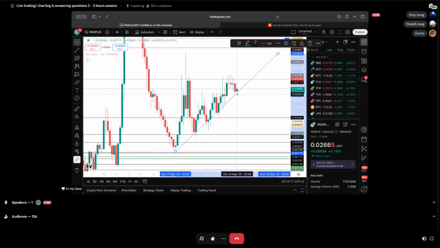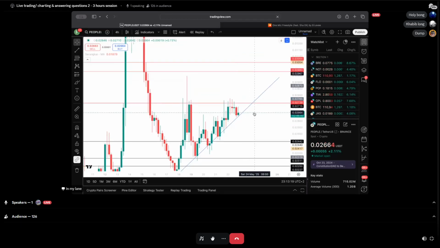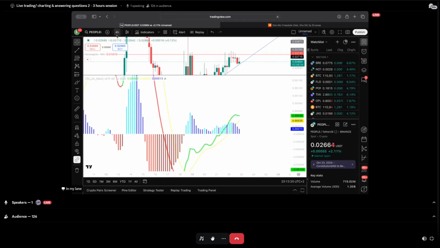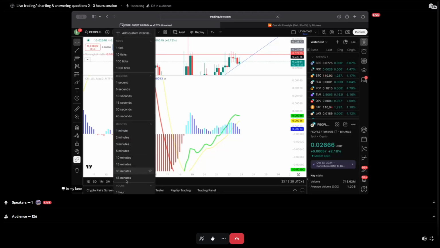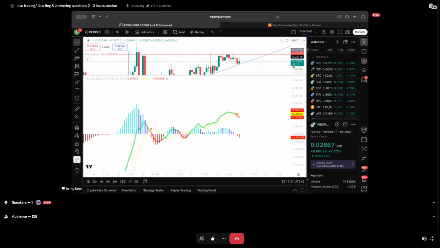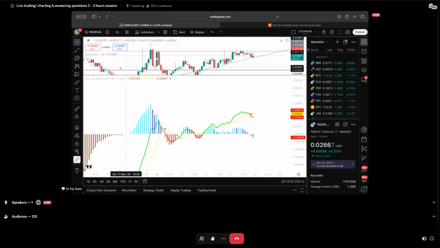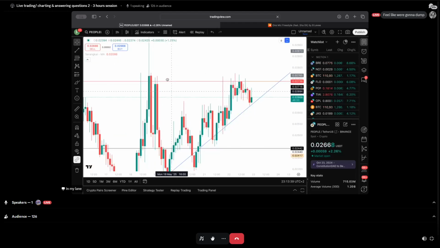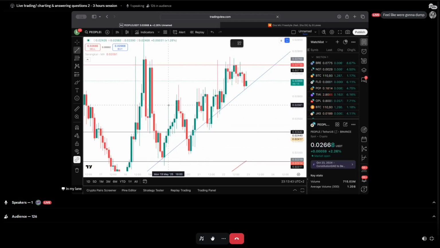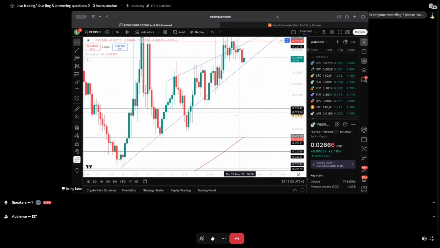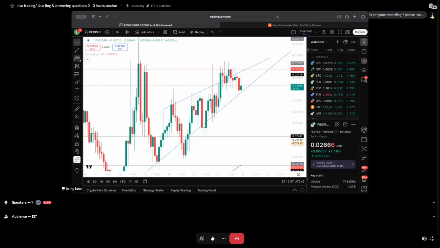What I was saying before about the MACD now comes into play because we have bearish MACD. We retested above here also. I would like it if we were below the trend line. That would make me more confident. But right now, we are not. We're in the rising wedge.